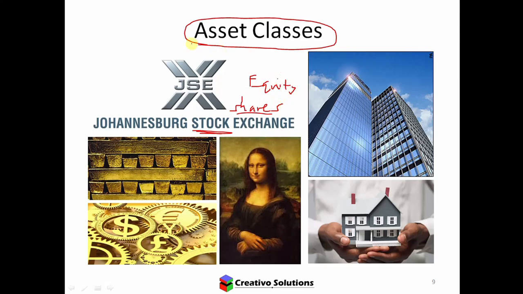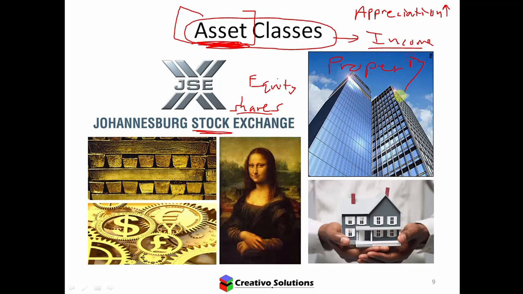Remember, any asset will be seen as an investment because this asset can either increase in terms of appreciation, so the value of that asset can increase, or that asset can generate income. So it can be an income producing asset, or it could be both. It could be producing income and also appreciating over a period of time. For example, property.